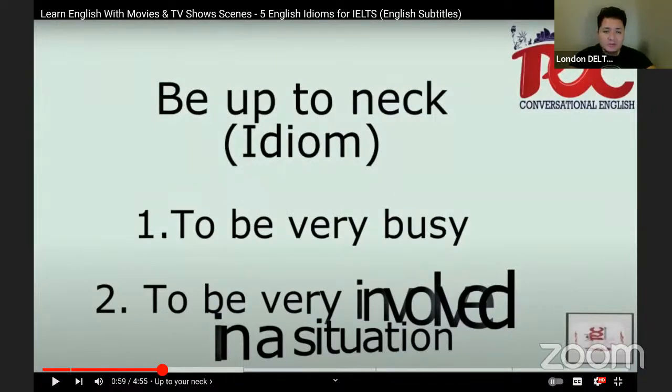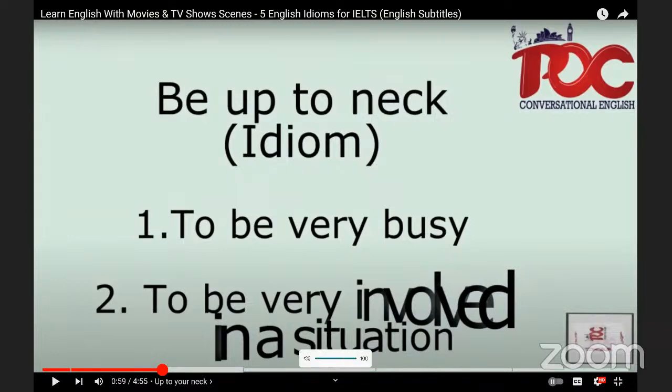Do you understand be up to your neck? Maybe you are full, you are very busy, you are very worried about something. Tired about something.